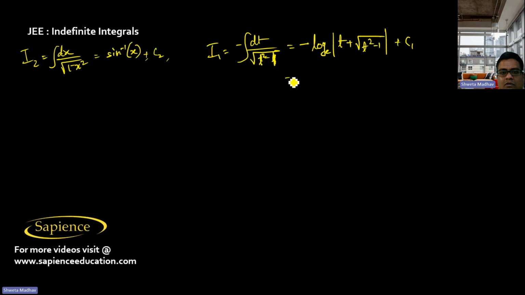So therefore I can write I1, t is 1 by x, that is minus log base e mod of 1 by x plus root over 1 by x square minus 1 plus c1.